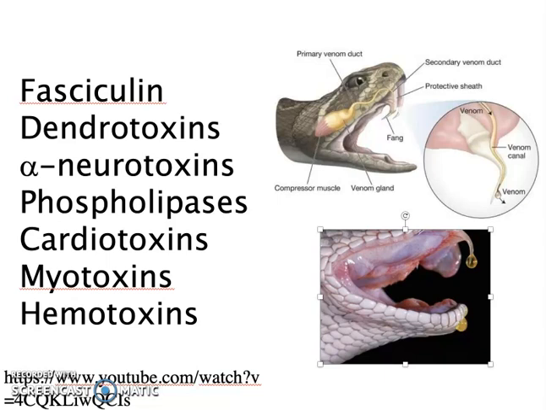Dendrotoxins increase the amount of acetylcholine released by neurons, keeping the muscle cells in a contracted state and leading also to rigid paralysis. Likewise, alpha neurotoxins mimic the shape of acetylcholine.